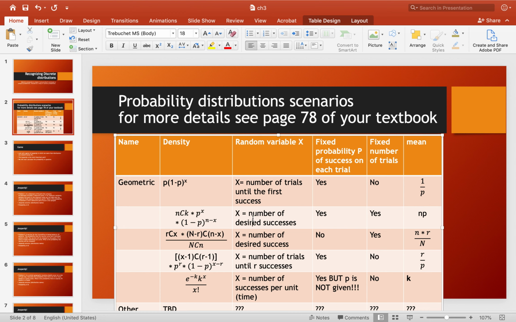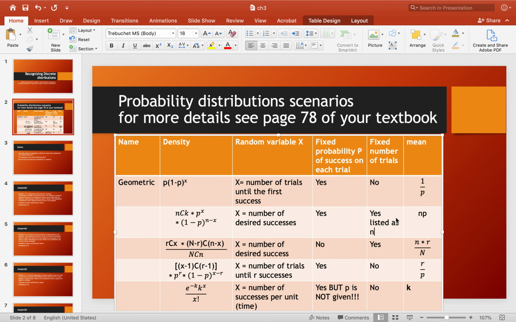Here we have x, the desired number of successes, and here there is a fixed number of trials. If we look in the density function, the fixed number of trials is n, and I'll use a lowercase.